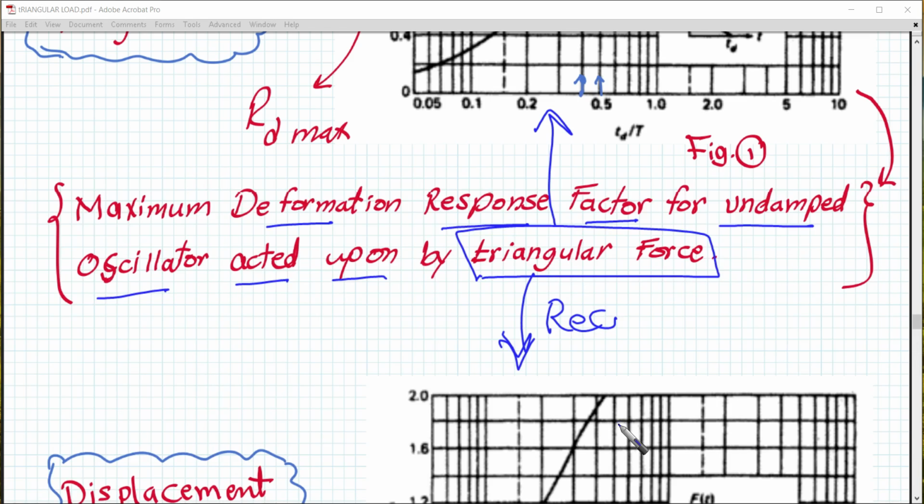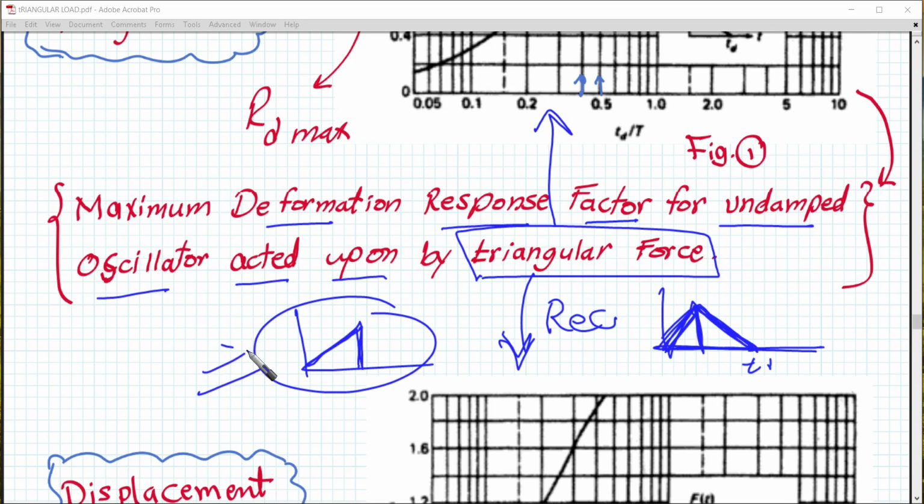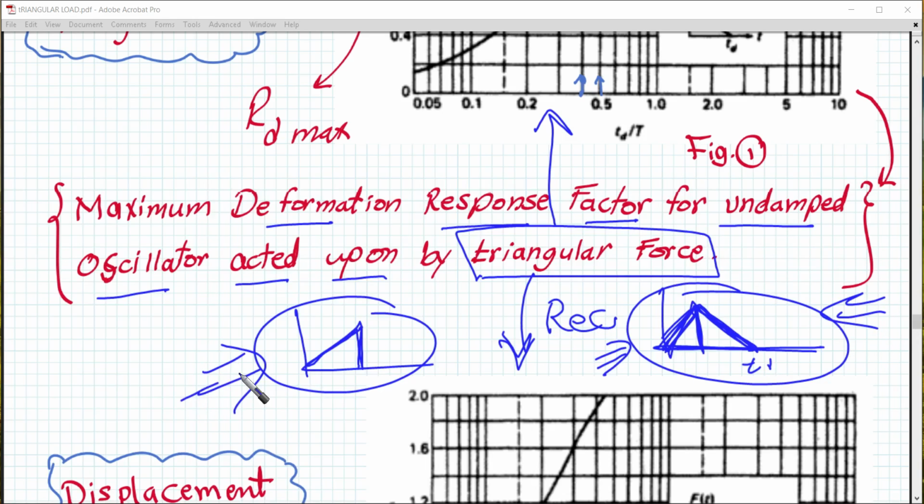So we are going to have different graphs. Also, we might find something like this, which is like triangular load, but with TD split or divided. And we have different types of loading. Maybe instead of having something like this, maybe something like this, for example. So you are going to find different graphs. You can find them in the textbook.